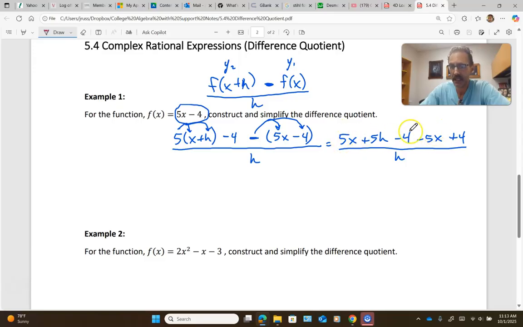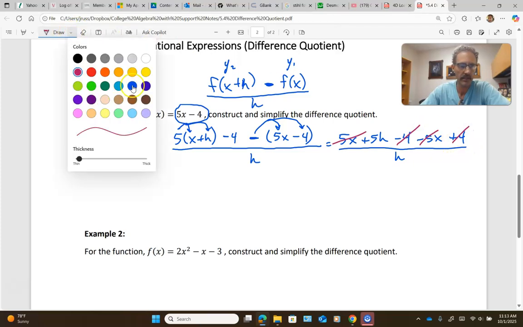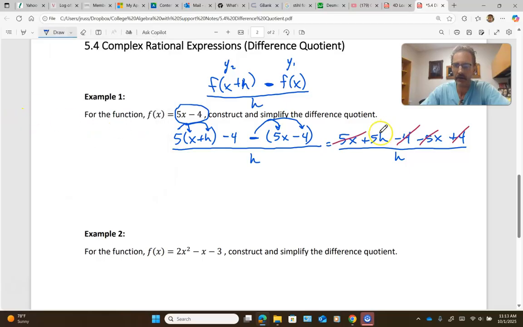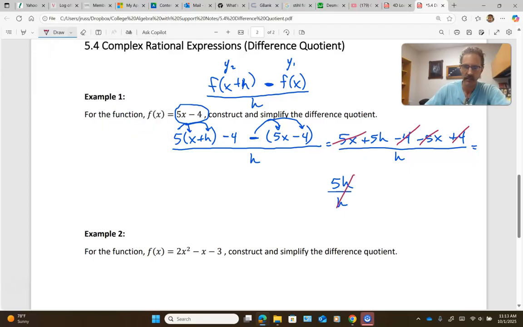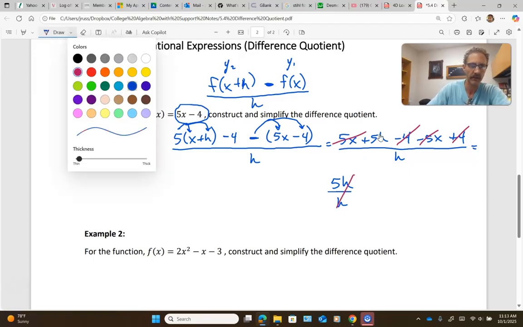If nothing is canceling up here, then you've probably made a mistake. 5x minus 5x is 0. Negative 4 plus 4 is 0. And so we're only left with 5h in the numerator. So this will equal 5h over h, and then those h's divide out. And so we end up getting 5, like we said we would.